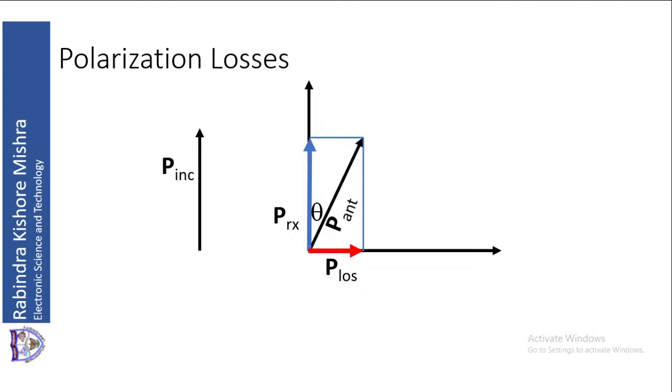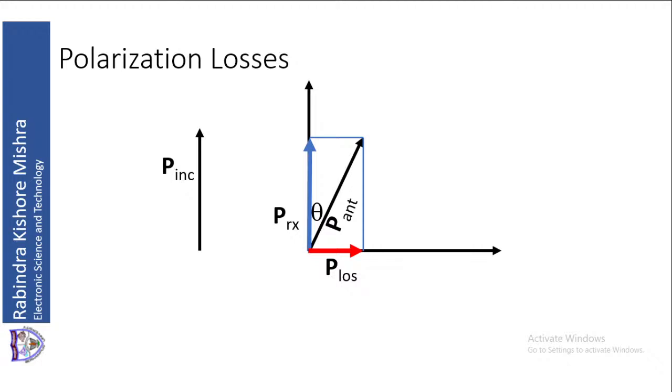The incident power is vertical, coming towards the antenna. Antenna polarization is slant, which means, since it is electric field, we will have two components. One component will be vertical, one component will be horizontal.